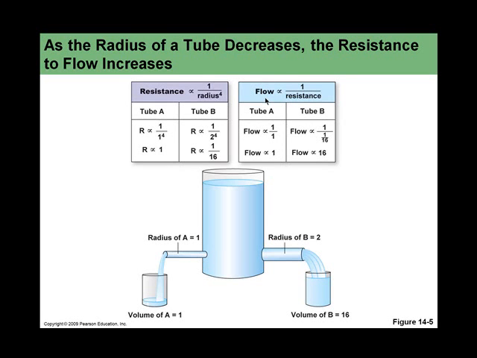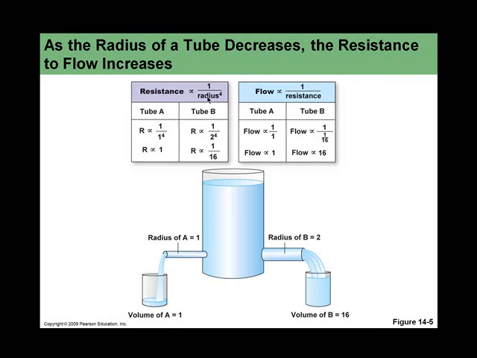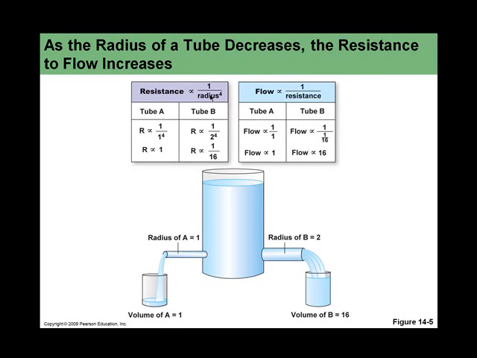So 1 over flow is proportional to 1 over radius to the 4th. And then of course you can just invert that and say that flow is proportional to radius to the 4th.